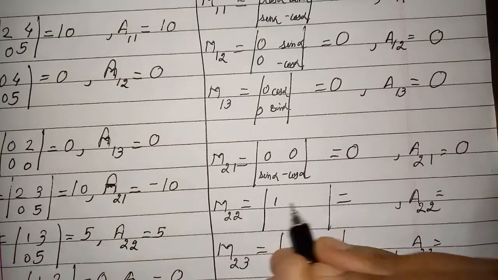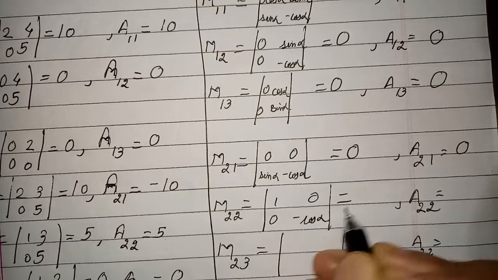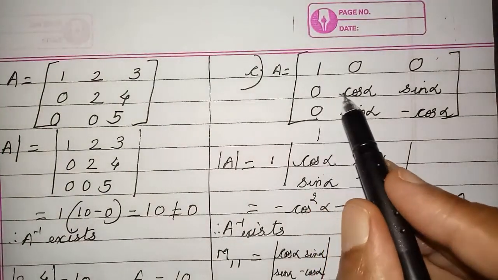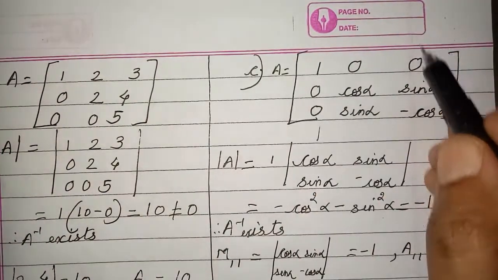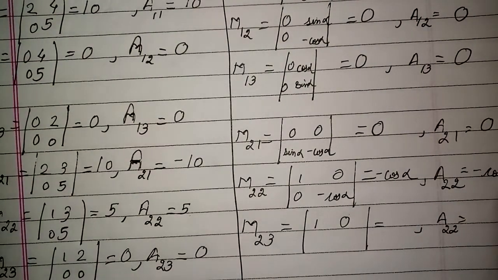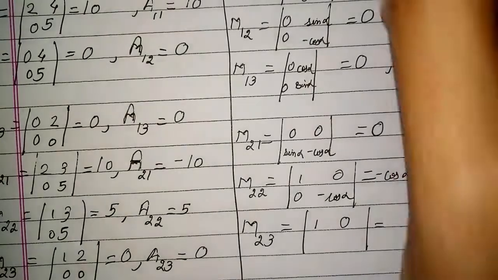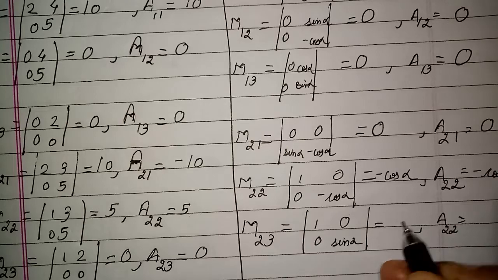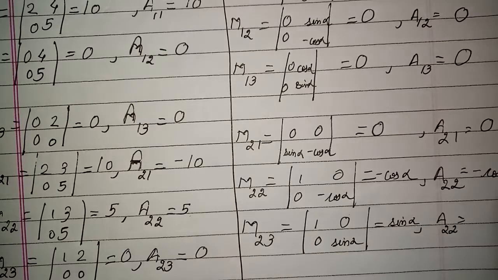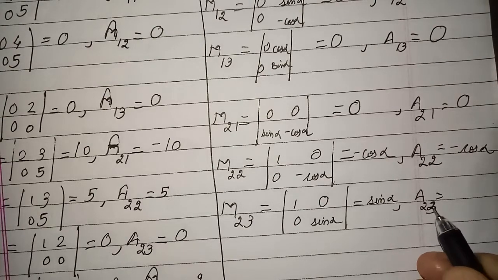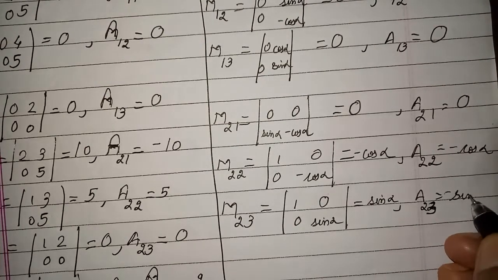So 1, 0, 0, minus cos alpha. So it's going to be minus cos alpha, again minus cos alpha. Second row, third column. So it is 1, 0, 0, sin alpha. So it is sin alpha, but its position is negative, no? So it will be minus sin alpha.